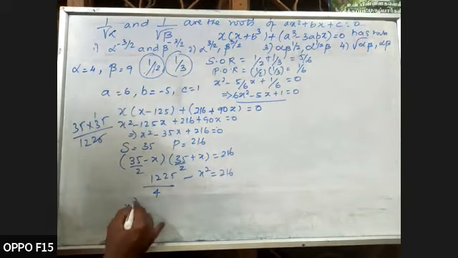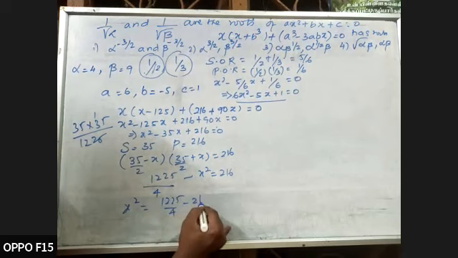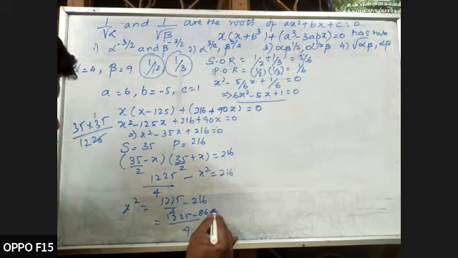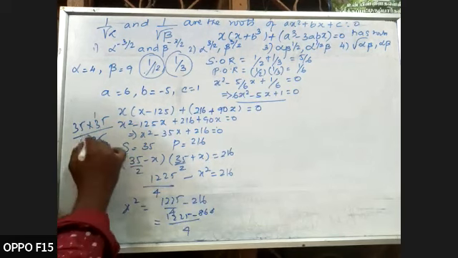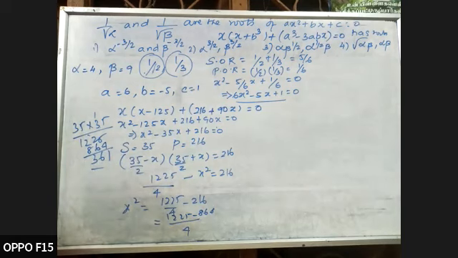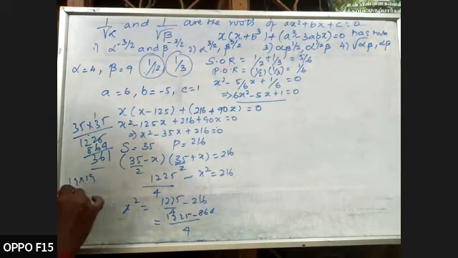Now x square is equals to 1225 by 4 minus 216. 4 into 216 is 864. 1225 minus 864 is 361. 19 into 19.